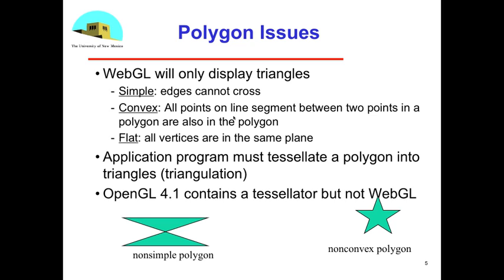A triangle is always convex, which is what we like about it. A cube is convex, a sphere is convex. But if you have something like this star over here in the bottom right, if I pick a point, say over here, another one over here, the line segment joining them comes outside of the object, and that's not a convex object.